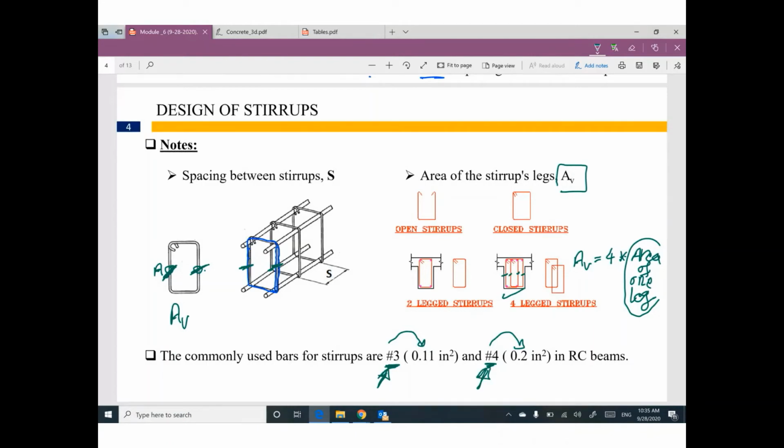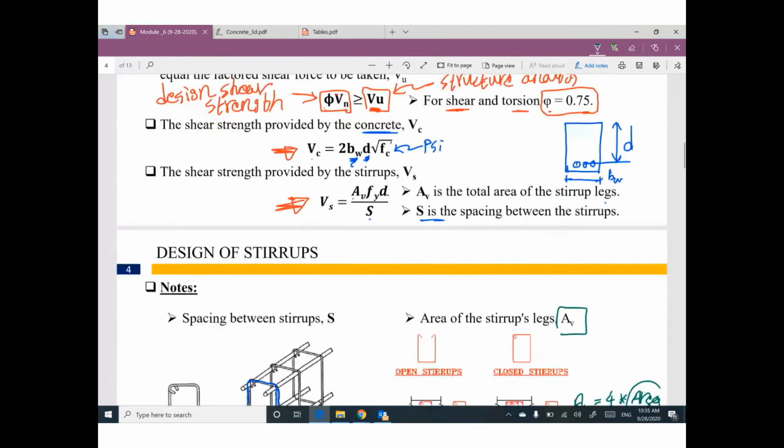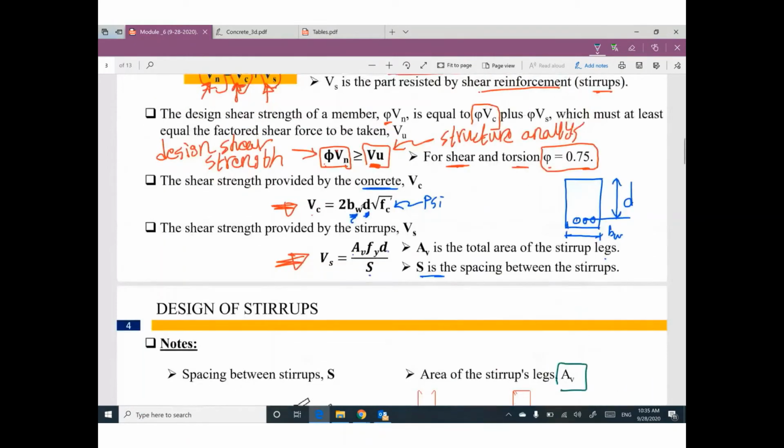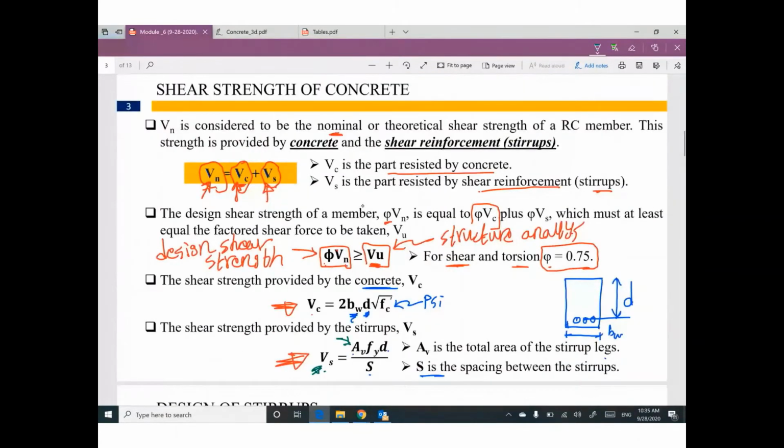So Av, I can get it. s, the spacing between stirrups, so I can figure out Vs. Once you get Vs and once you get Vc, add them together to get Vn. Once you calculate Vn, which is called nominal or theoretical shear strength, we need to get the design.